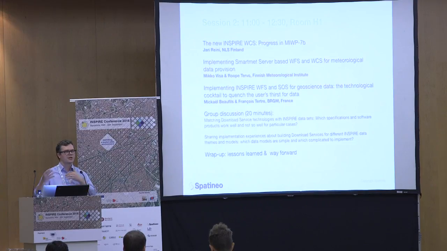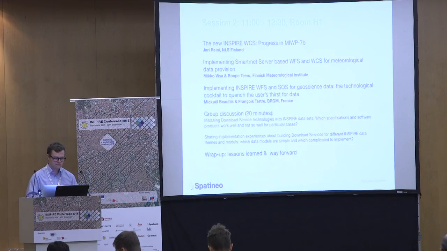So if you have cases where your organization has been providing or is thinking of providing Inspire data sets, how to match each of the themes and each of the data specification data models into some of these technologies presented here and the previous session. So Atom, web feature service, web coverage service, and sensor observation service.